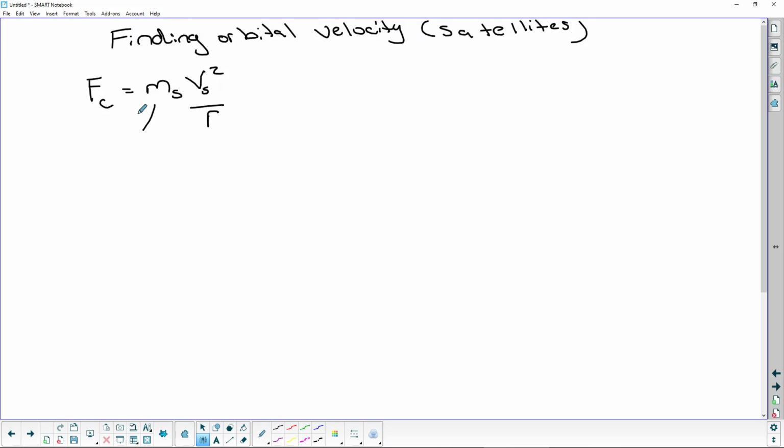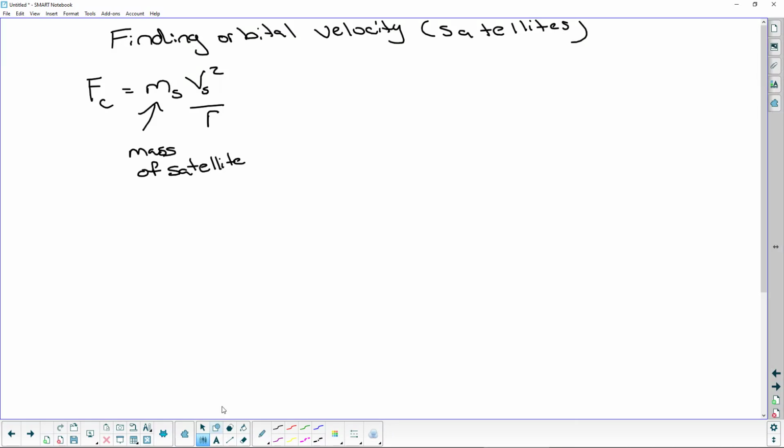So this is going to be our mass of our satellite. And that doesn't actually matter, as you'll see when we start deriving the formula, the masses will cancel. So let's do the Earth here.